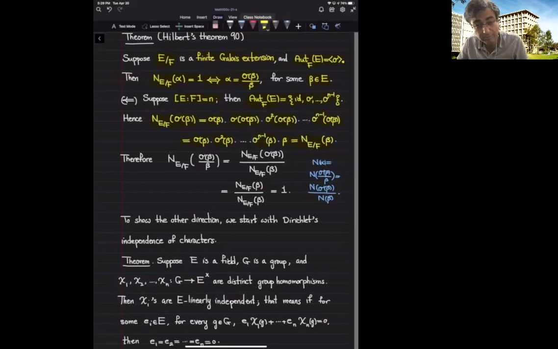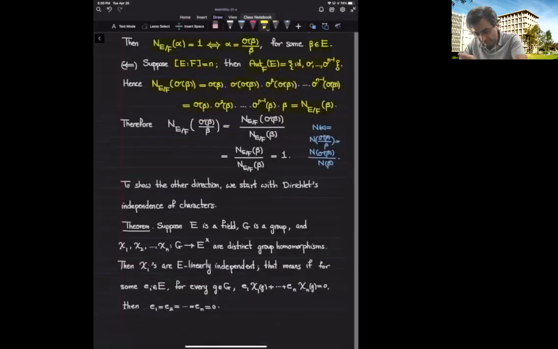This part of the argument is quite general. So norm of alpha is the same as norm of sigma of alpha, no matter what Galois extension I pick. Because when I apply sigma to all the elements of F linear automorphisms of E, I get back all the F linear automorphisms of E. So norm of alpha and norm of any other Galois conjugate of alpha are the same.